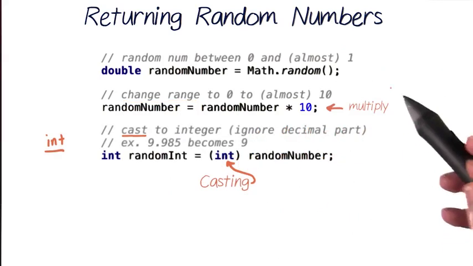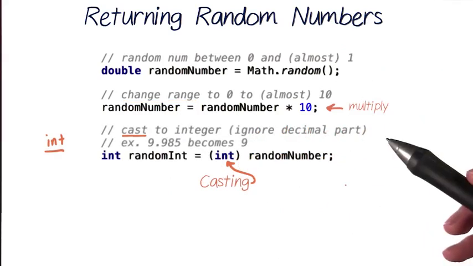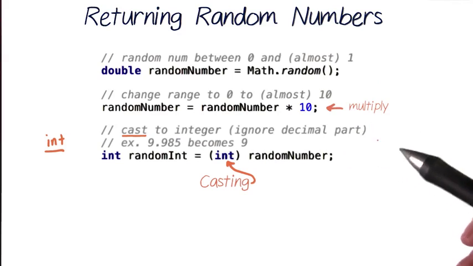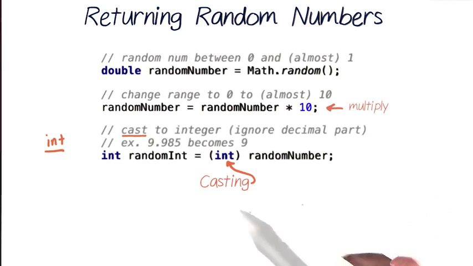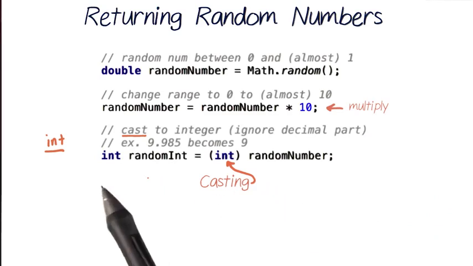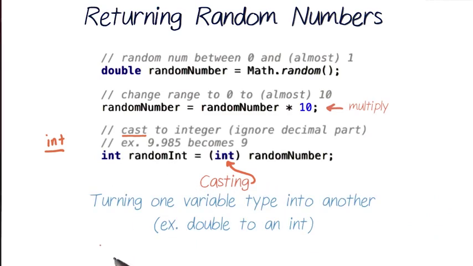Next, if we want to change this range so that we're generating random integers instead of random doubles, which are numbers with decimals, we can cast this value to an int, and we're storing that value in a variable called randomInt. Casting means that you're turning one variable type into another.